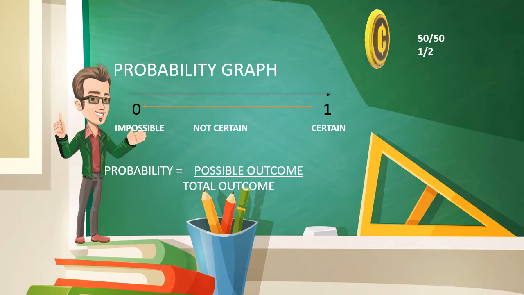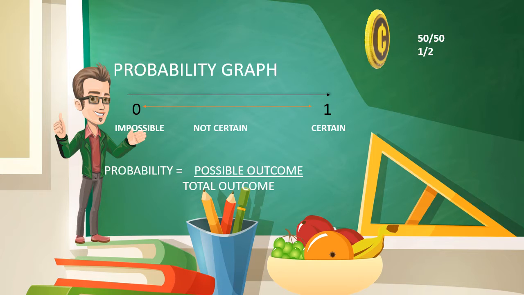Let's take another event, like picking a fruit randomly from a box which contains 20 fruits, where we have 12 strawberries and 8 bananas. The probability of picking a banana will be 8/20, because the total fruit there is 20, and it contains only 8 bananas, which is the possible outcome.